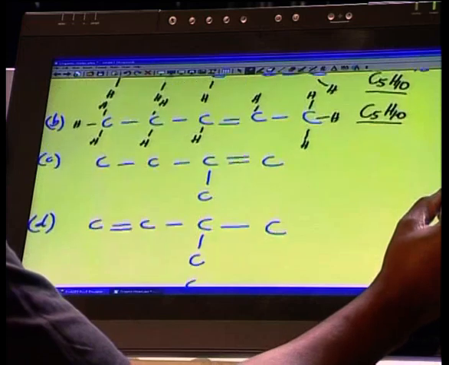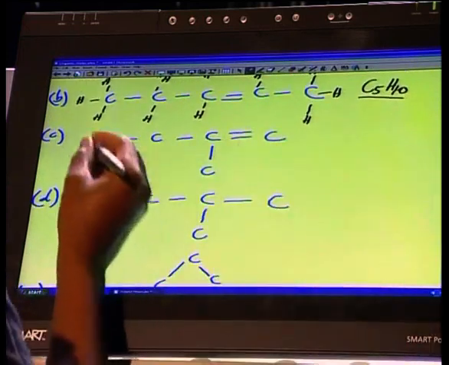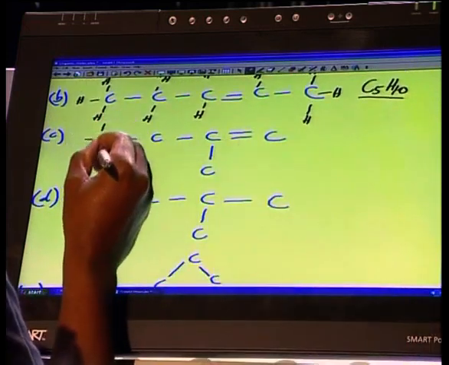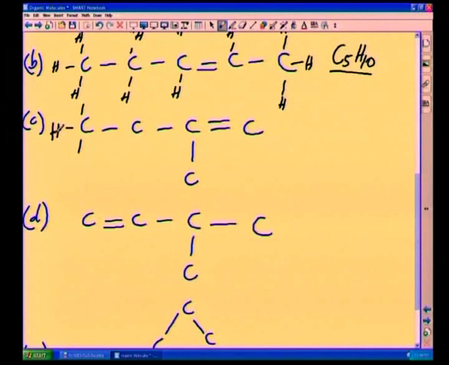Coming to number C, I can have 1, 2, 3 here. And I can have 1, 2 here. I can have 1, 2, 3, 1, 2, 3, 4. I can't have anything here. I think you can see there. Nothing around this one.